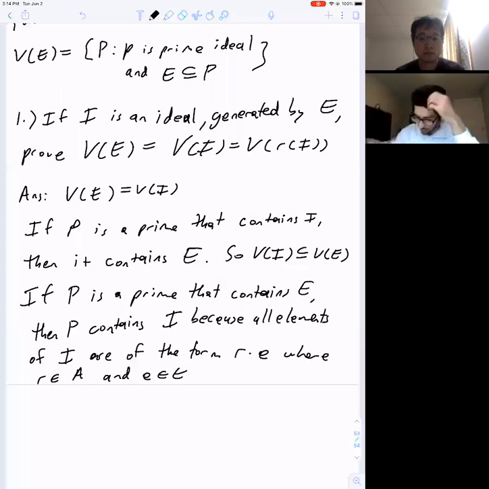So if it contains every element little e, then it contains every element of the ideal I, because every element of I is of this form. Okay?